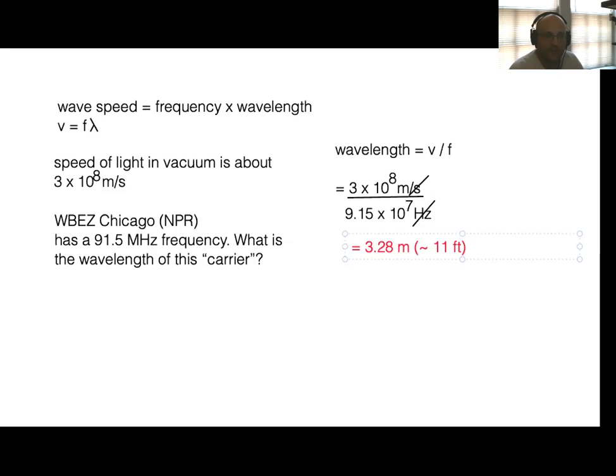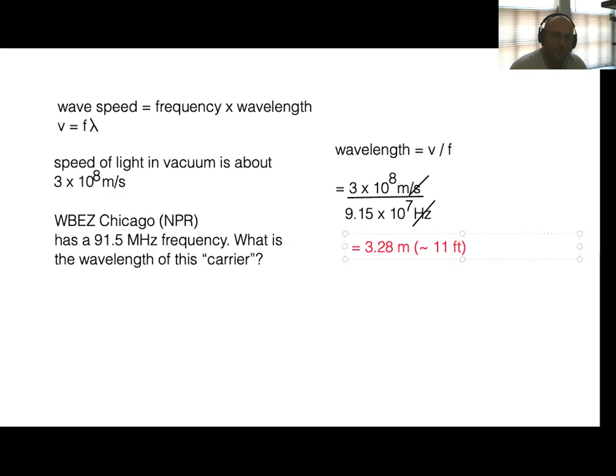Wavelengths for things like visible light might be hair-sized, and for the higher frequency electromagnetic radiation, the waves may be the size of a virus or a cell or something very, very small like that. We're not talking about 11 feet or things like this. So radio waves are considered a long wavelength version.